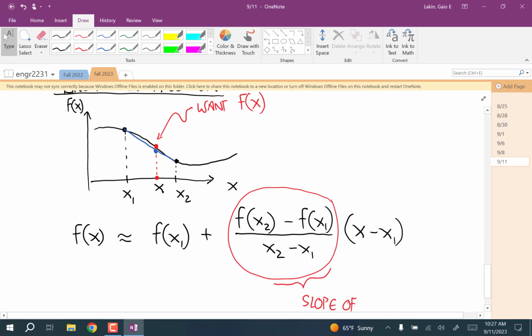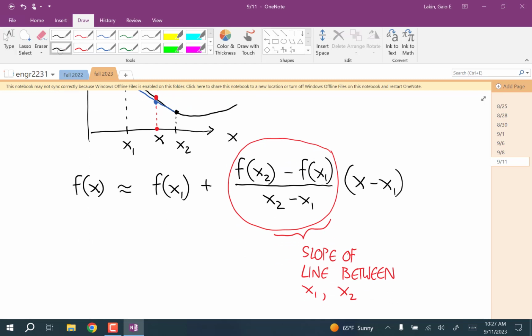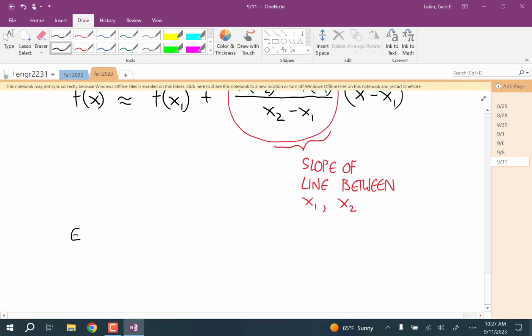Okay, so let's do an example of this. This is a 1D interpolation. This is the approach you would use with a saturation table. So let me do an example.